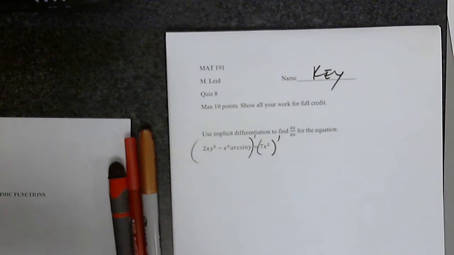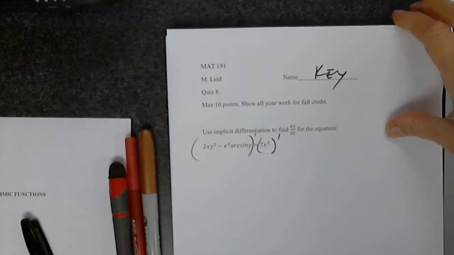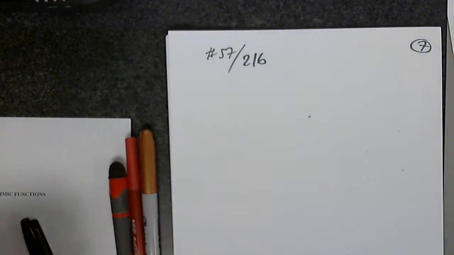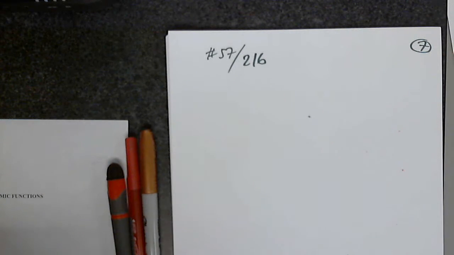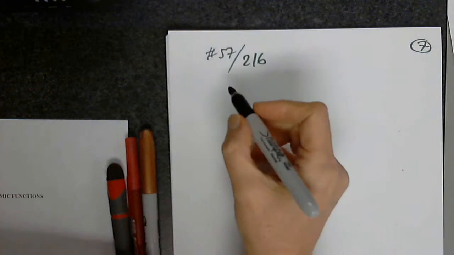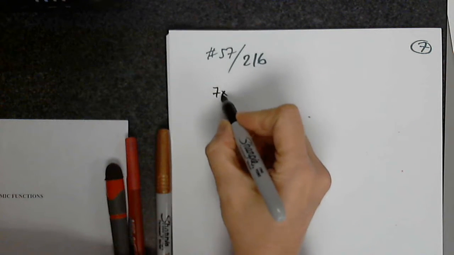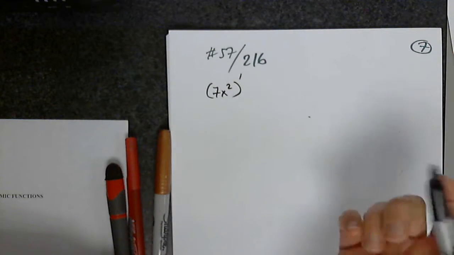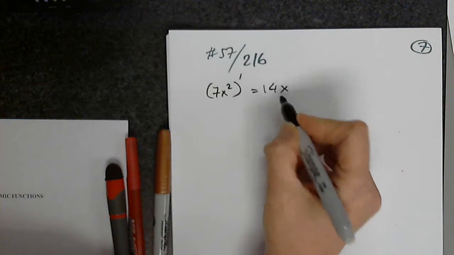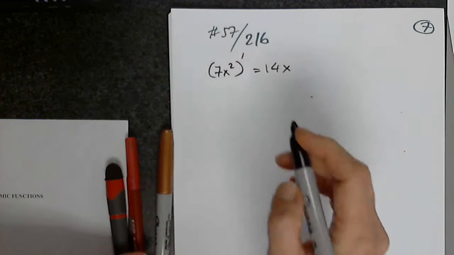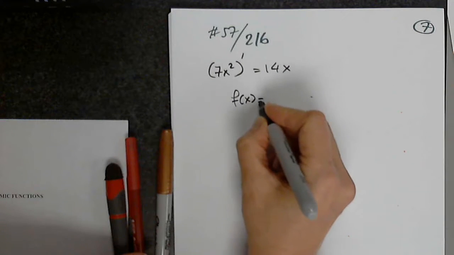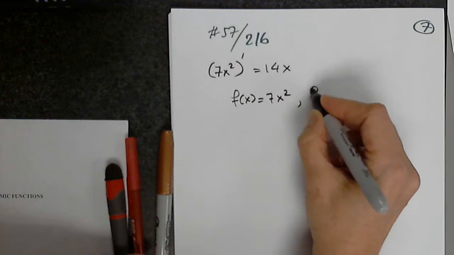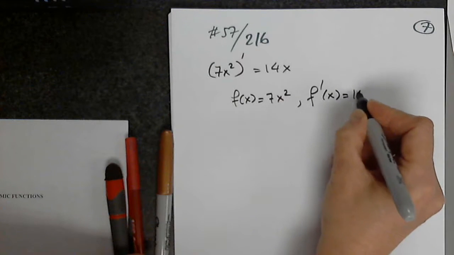Very good question. Okay, so it means that there is some sort of confusion concerning the notation. If I want to differentiate 7x squared, there is only one variable, and x is the independent variable. The answer is 14x. If you write f of x equals 7x squared, then f prime of x equals 14x.